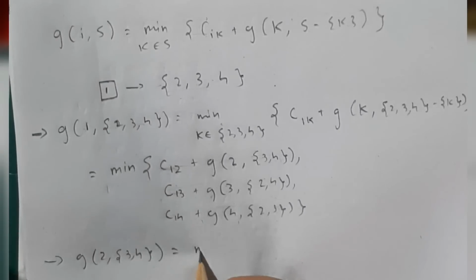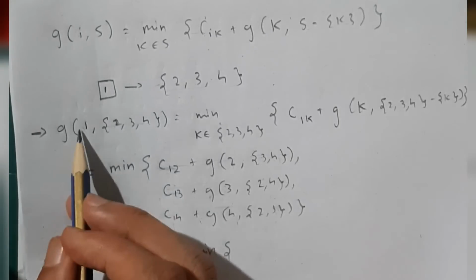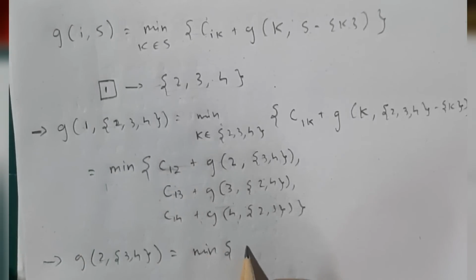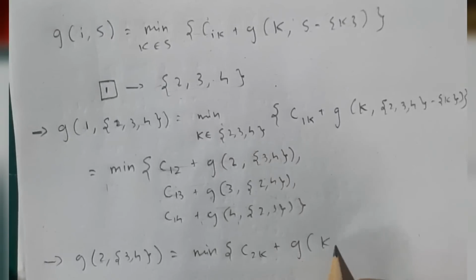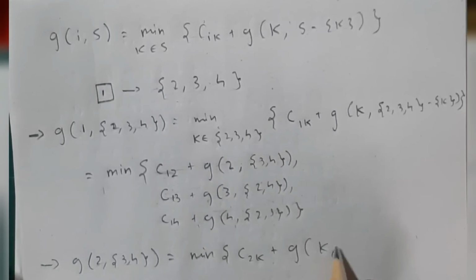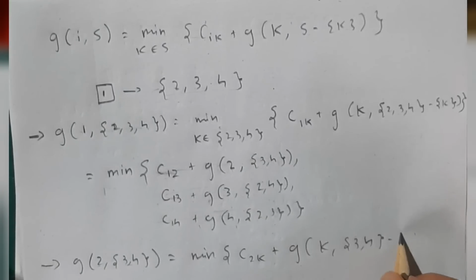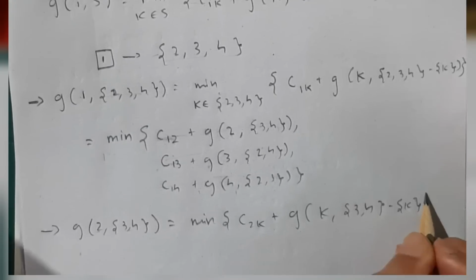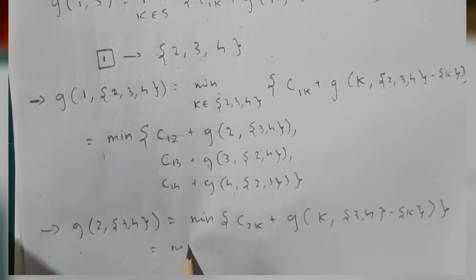Now in this case, I'll be writing minimum. In this case, i is 2. Before it was 1, now it is 2. So I'll be writing C of 2k plus G of k comma, the set is 3, 4, minus the set k. Now how many values do I have for k? I have two possibilities for k.